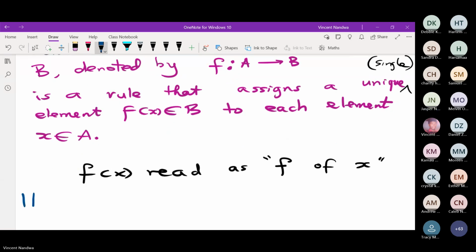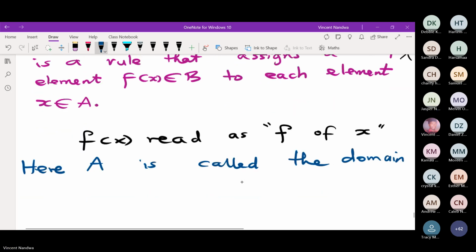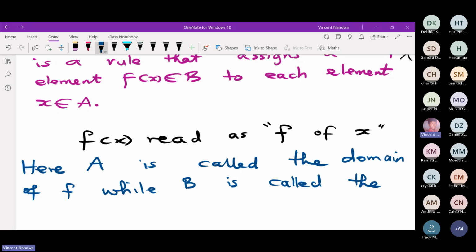So here, A is called the domain of f, while B is called the codomain of f.